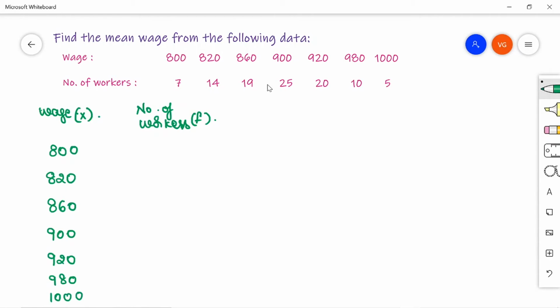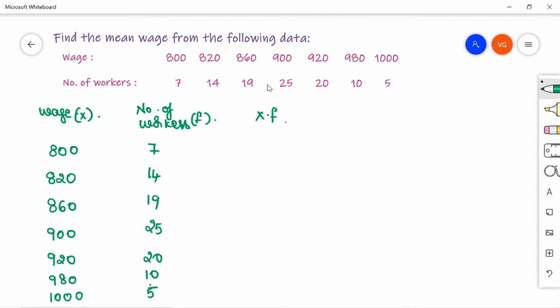And the corresponding frequencies I am writing against these data points: 7, 14, 19, 25, 20, 10 and 5. Next column is x into f.